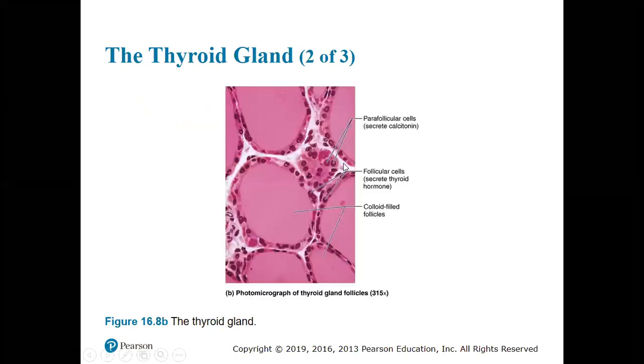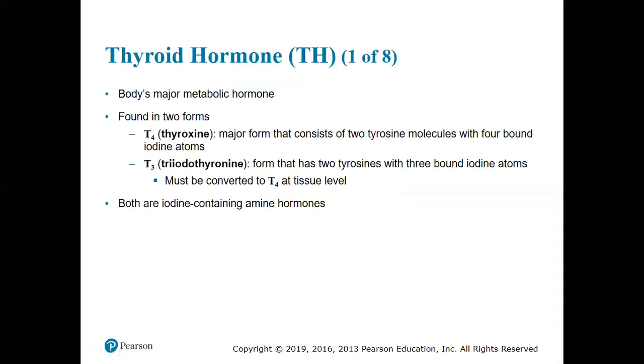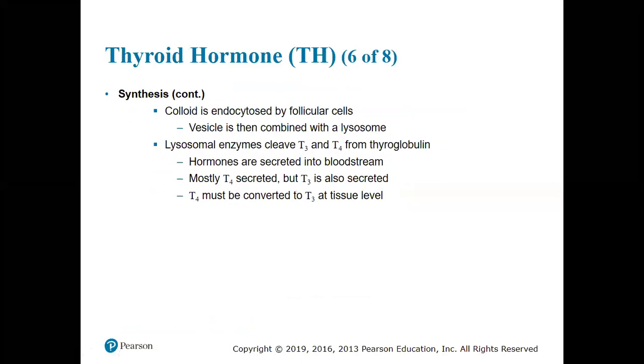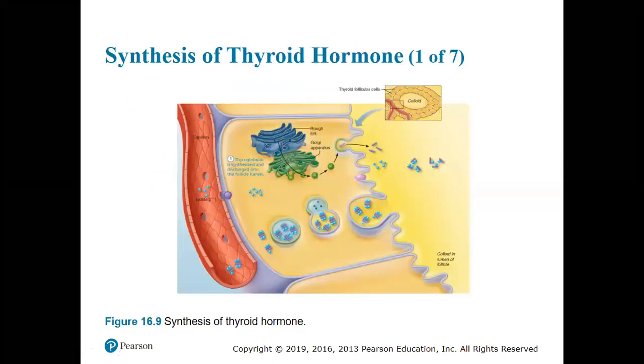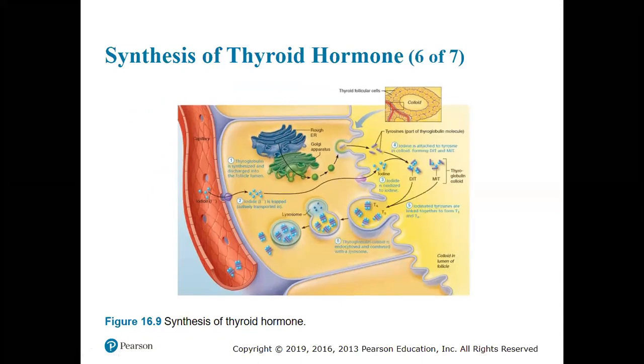And then this is the colloid, this is the follicular cells, right? But we don't see the artery. It's not there yet. This would just be a cross section of the thyroid. We don't see that artery there. It would be kind of cool if we showed it. So that is where we are. Okay, so what I'm going to do is I'm going to pass these. They're going to talk about it.